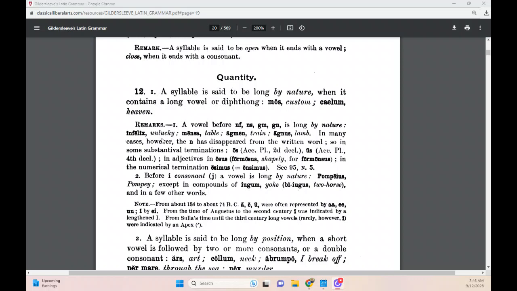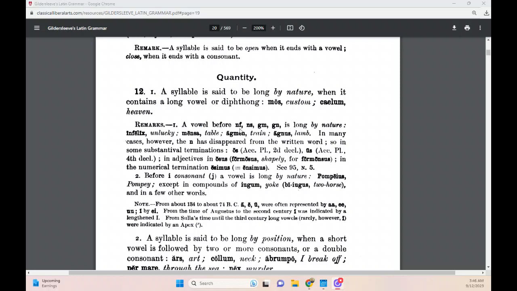Now, we've got some remarks here, and this can get pretty technical, and I don't want you to be distracted by this, but at the same time, I would like you to be familiar with the content. So let's just read through it. A vowel that comes before NF, NS, GM, or GN is long by nature.